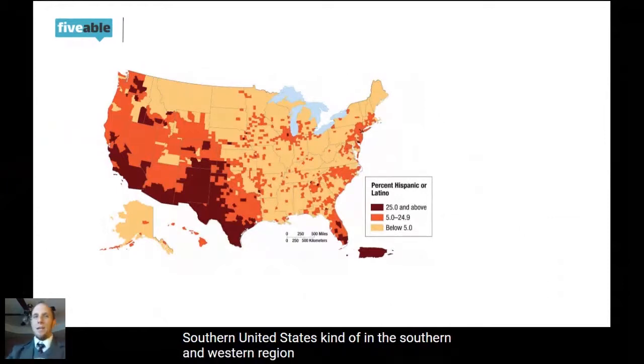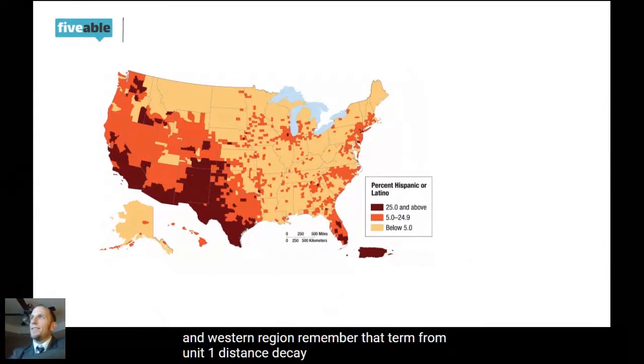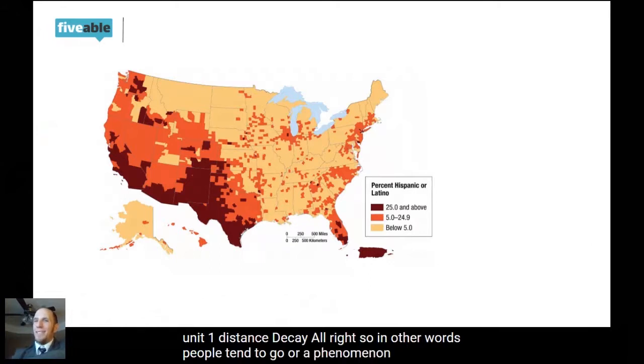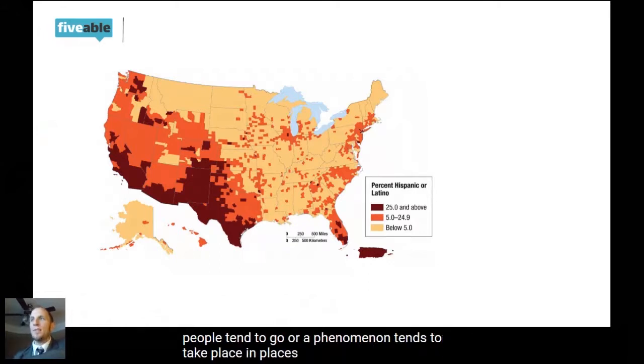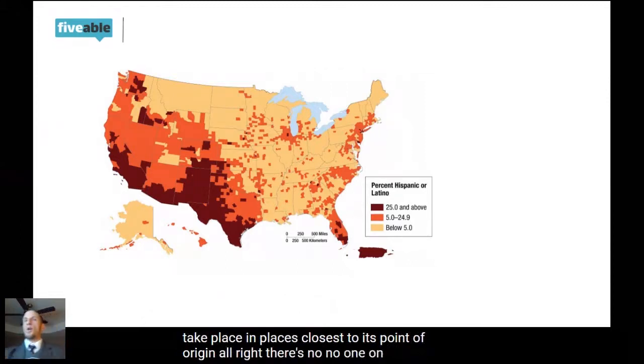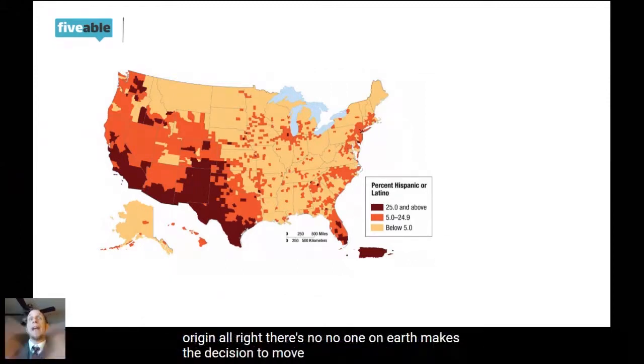Distance decay. Y'all remember that term from Unit 1? Distance decay. In other words, a phenomenon tends to take place in places closest to its point of origin. All right, no one on earth makes the decision to move randomly.